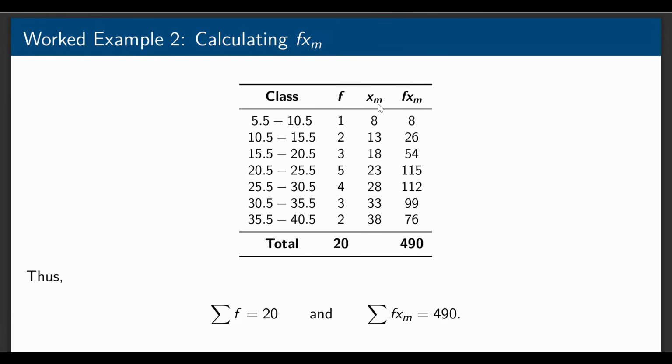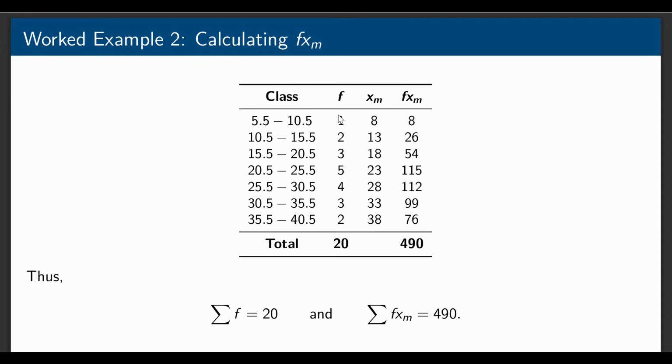After you've filled in all your class midpoints, the next step is to multiply each frequency by the corresponding midpoint. In the first row, we have 1 times 8 giving us 8. Second row, 2 times 13, 26. Third row, 3 times 18, 54. You do that for all the other rows.